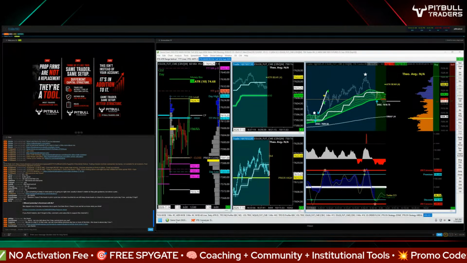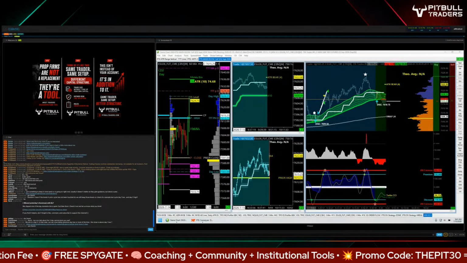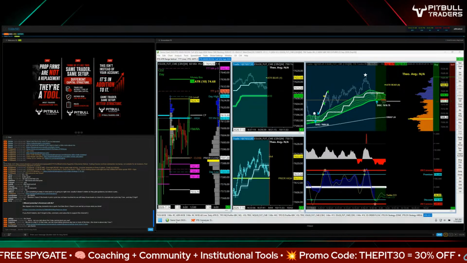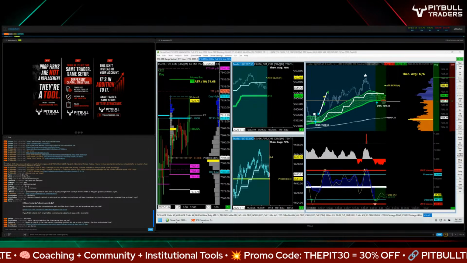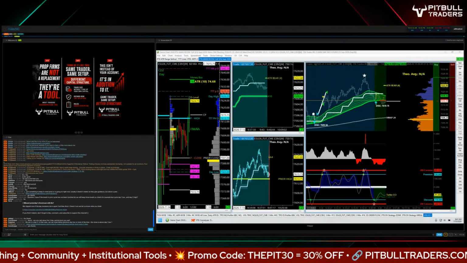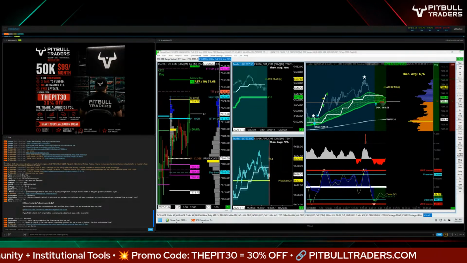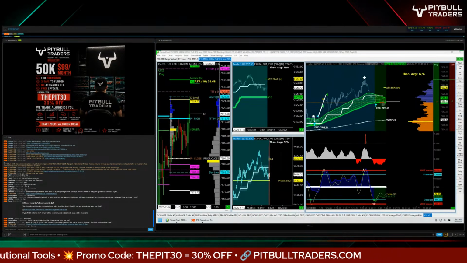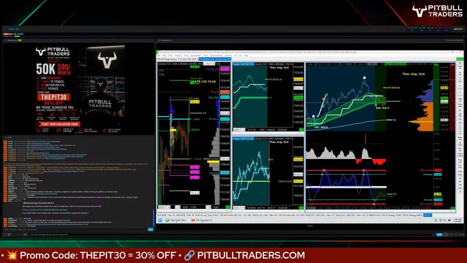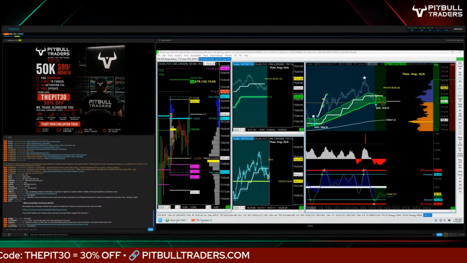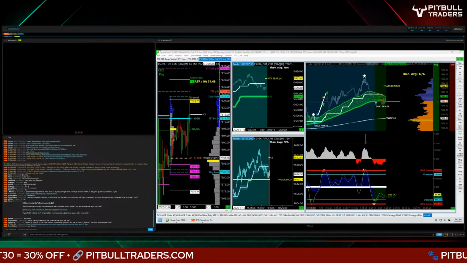I don't have stats necessarily on that. What you want to do is keep the cycle as a guide, right? It's not pinpoint accurate, like, it's on this cycle and I have to do this.